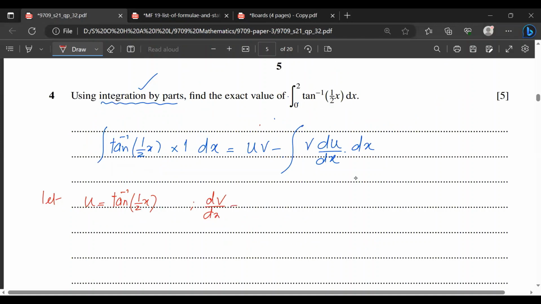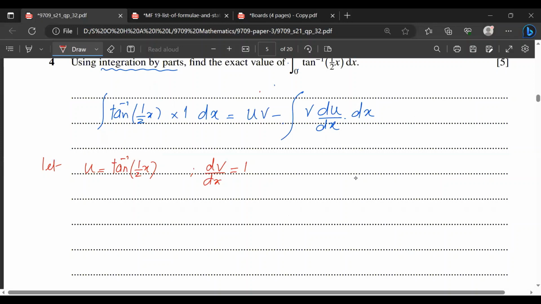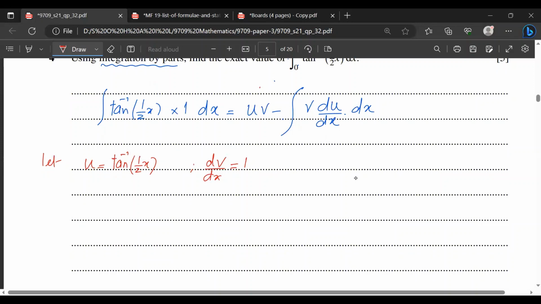So dv by dx is obviously 1. You can't change the order because the function which I've taken as dv by dx, we integrate. So when you integrate, integration of 1 is x, and the integration of dv by dx is just v.